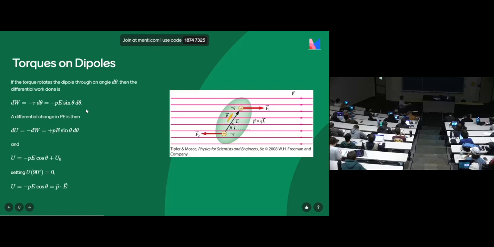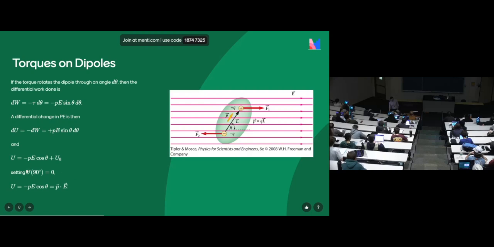Well, since this is a conservative force acting here, we can relate the differential work done to the differential potential energy change. And we can integrate, and the main takeaway is that the potential energy is equal to minus PE times the cosine of theta, where theta is the angle between the electric field and the dipole moment, plus some arbitrary constant of integration.